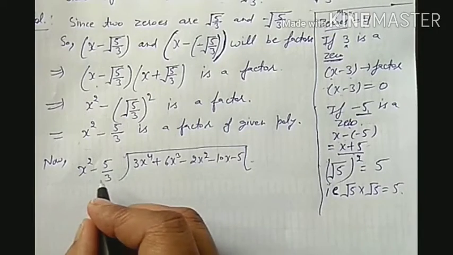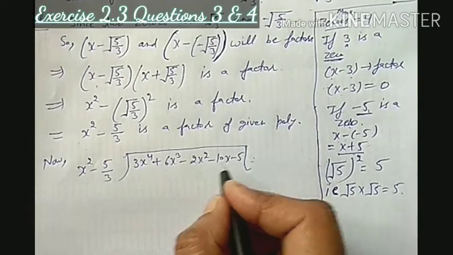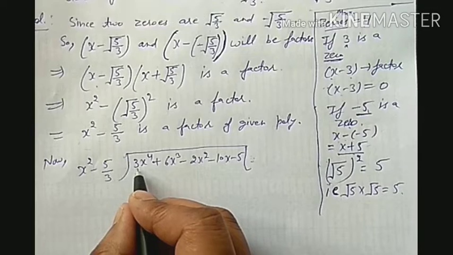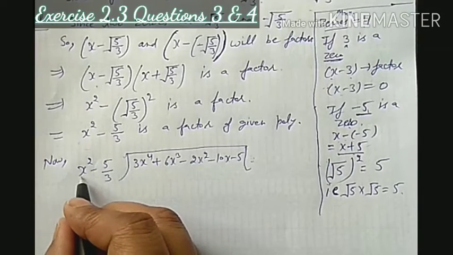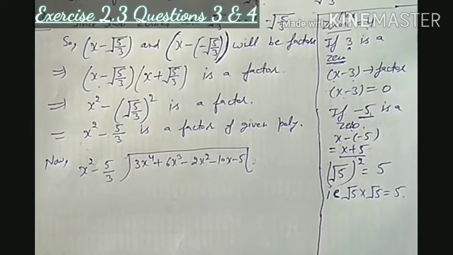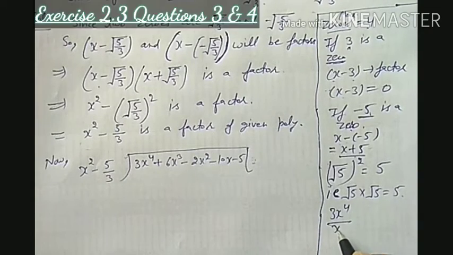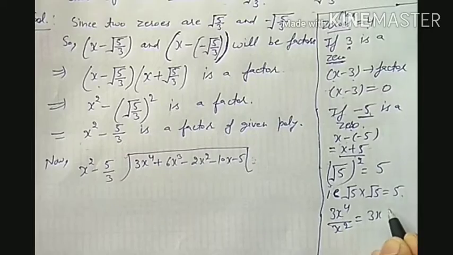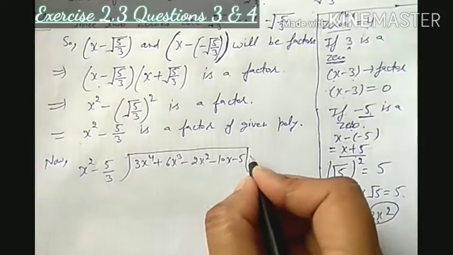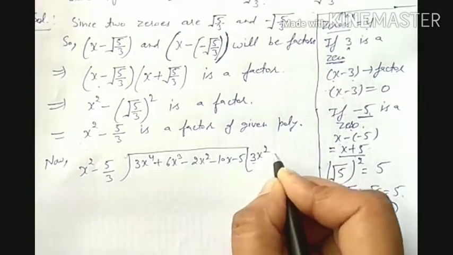Look here, for the first term in quotient we will divide 3x raised to power 4 by x square. We get 3x square. It is our first term in quotient.